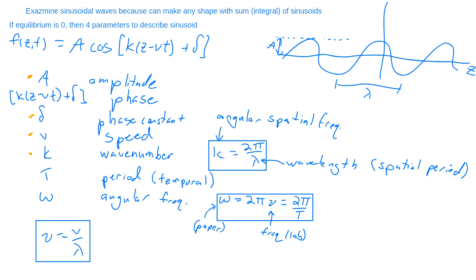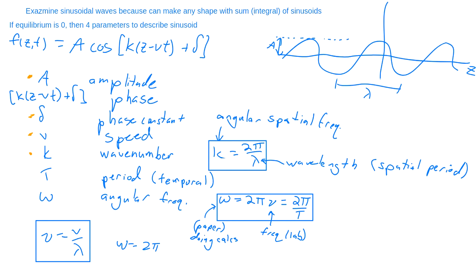So here's another way to relate these things, though. If you write omega is 2 pi nu. When you're doing your work, basically you don't want to work with nu when you're solving problems. It's just going to be so much more convenient to work with omega.